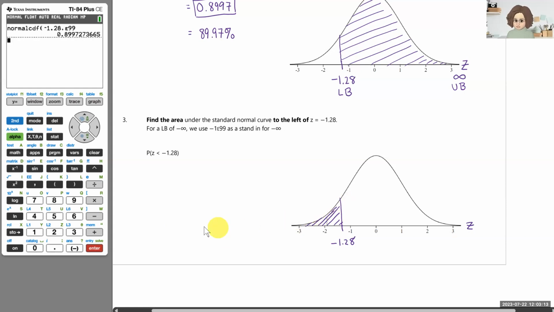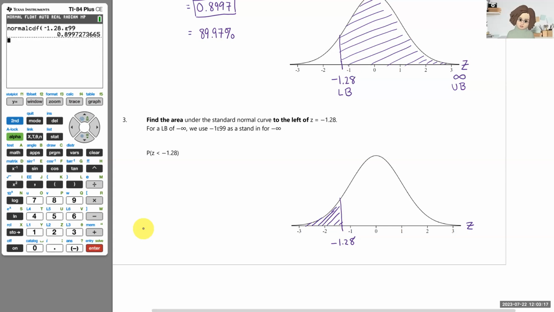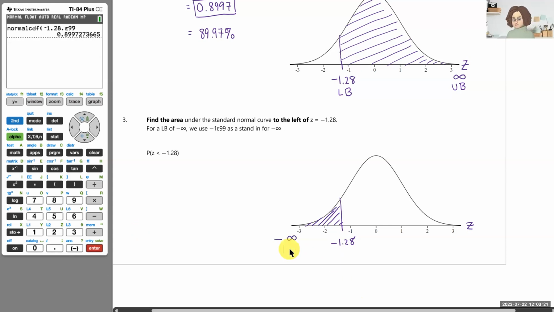We continue indefinitely in theory here to the left. So that idea of negative infinity. We need to put in a number though, so we can't work with negative infinity. So basically, we just take the negation of the number we used before. Our 1 with 99 zeros was over here, and we'll just use the negative of it, and that will be our stand-in for negative infinity.